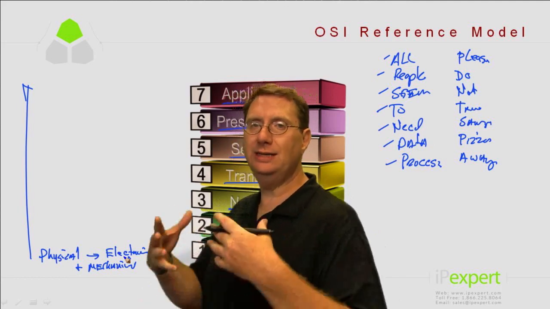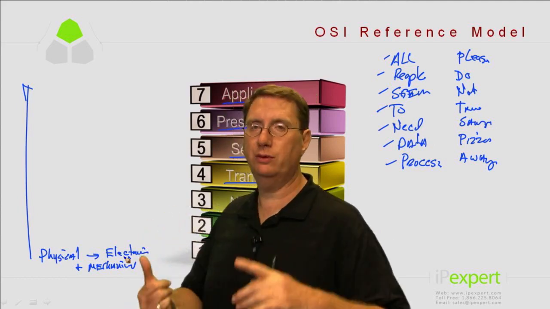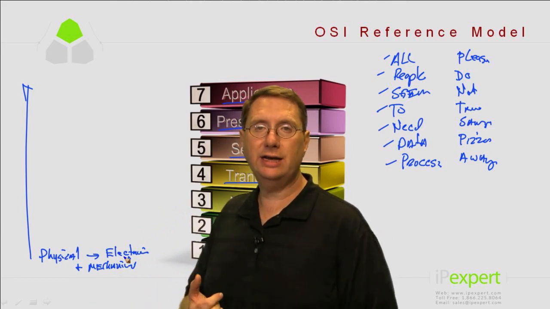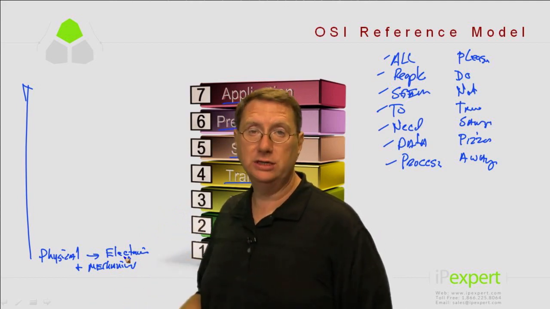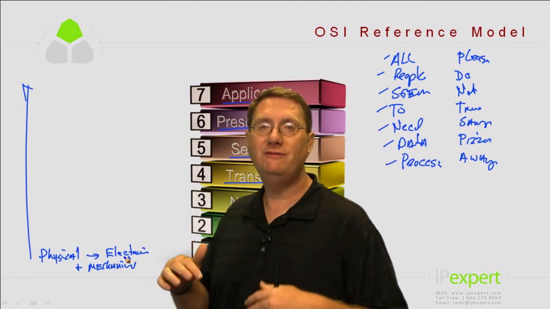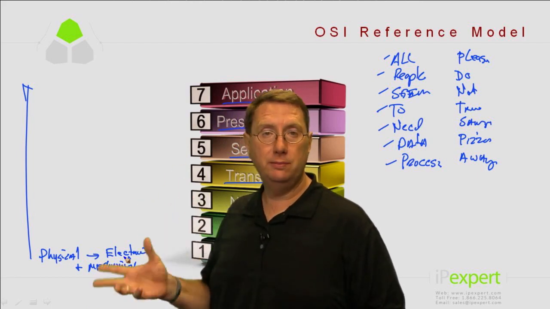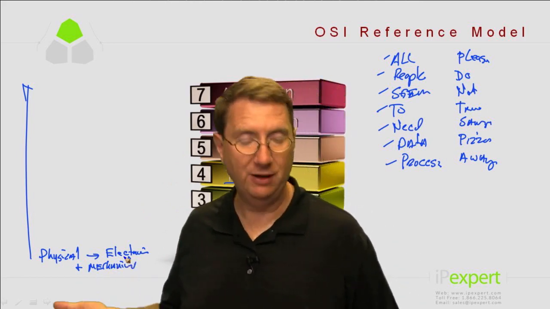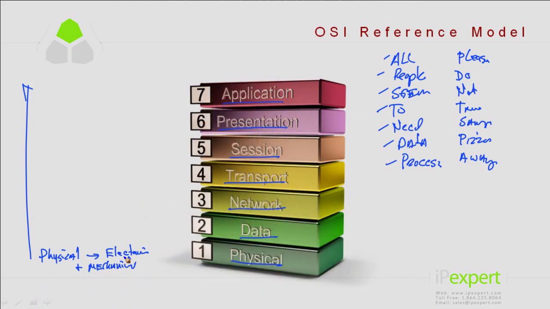It all ultimately gets serialized onto the line. Whether it's a fiber optic connection or an Ethernet connection is irrelevant. If it's an Ethernet connection, it's going to be voltage. It's going to be logical ones and zeros represented by ranges or variances in electrical current. If it's going to be fiber optic, it's going to be pulses of light, the absence of light being a 0, or presence of light being a 1. So that's how we translate or transfer ones and zeros.